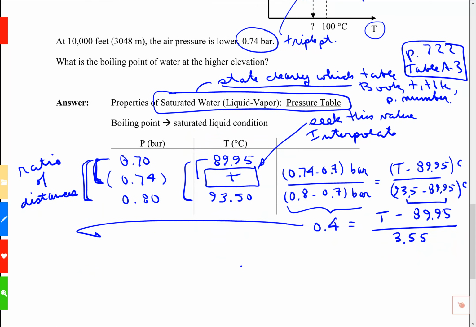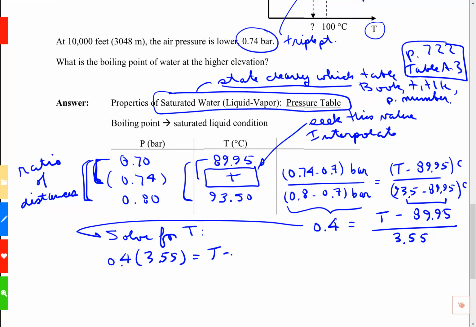We can rearrange this further in solving for T. Now I like to do algebra when I solve for things. So let me cross multiply and say 0.4 times 3.55 is equal to, the right hand side now is T minus 89.95. I can move the 89.95 over here and rearrange it. I can get T is equal to 0.4 times 3.55 plus 89.95.